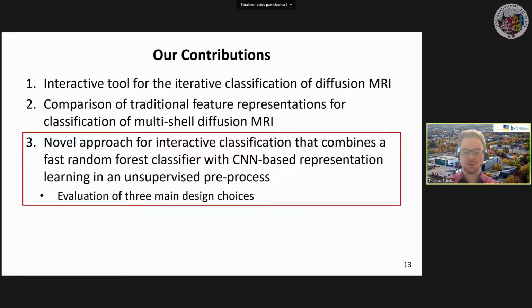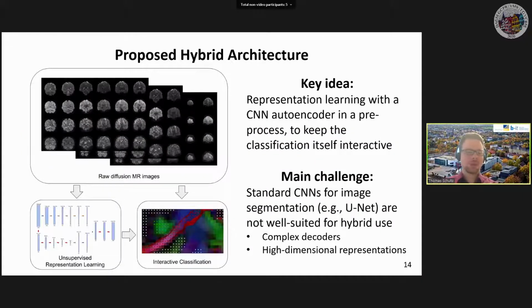This is our third contribution, which you can also summarize in this flow chart. We start with the quite high-dimensional raw diffusion data. Then we feed it into a CNN. But the CNN, we want to train in a pre-process so that the user doesn't have to wait for it. That means we cannot use the class labels yet, because the user has not specified them. So this network we train as an autoencoder.